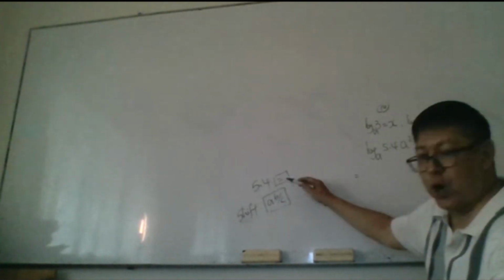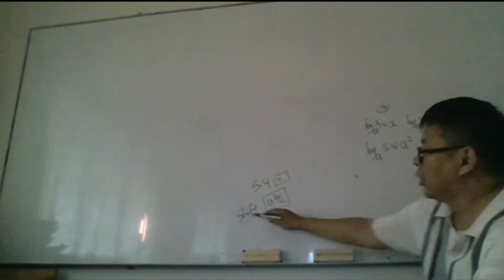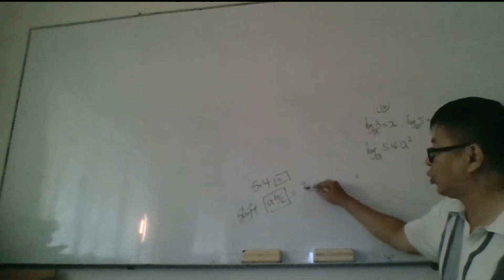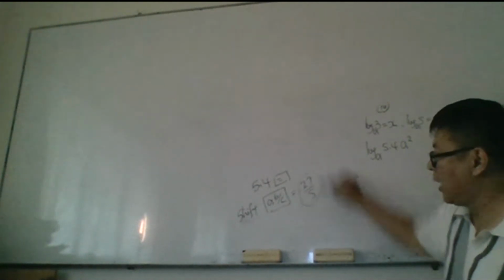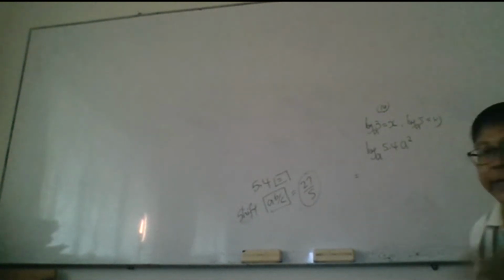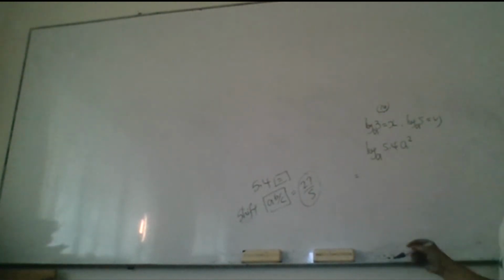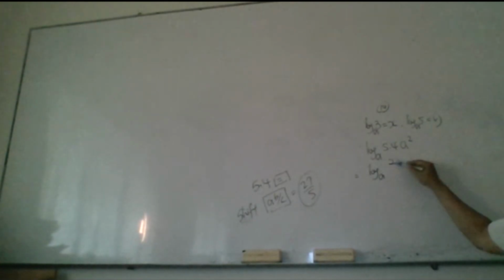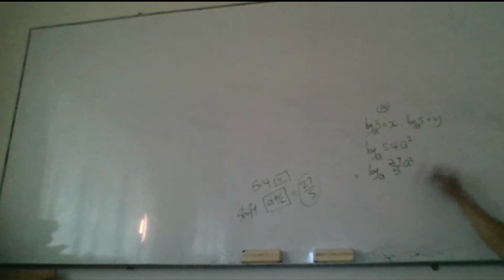So 5.4 equal, then you press shift with this fractional pattern. That will give you 27 over 5. Sometimes you get a headache when they give you 5.4, so you can use your calculator to get 27 over 5, then a squared.